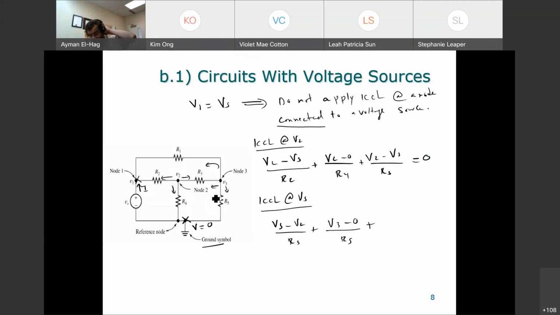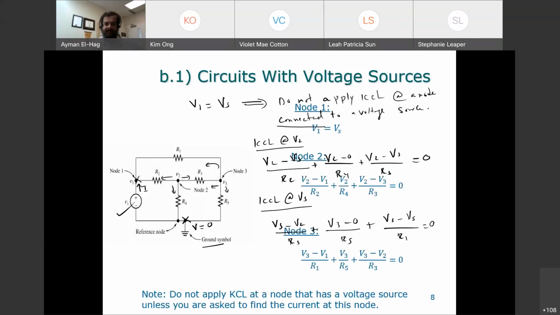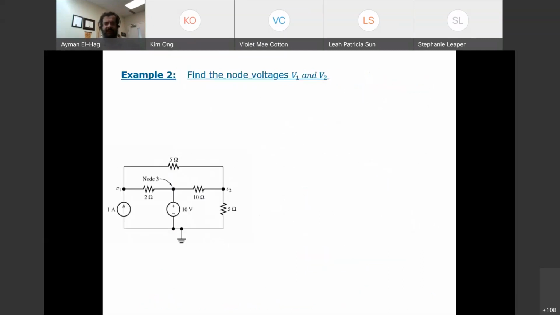They look just around here and they overlook there is a current that goes all the way from V3 to Vs. So this is plus V3 minus Vs divided by R1 equal to 0. So two equations, two unknowns, because Vs we already know. And we will solve this. So here I put clearly, do not apply KCL at a node that has a voltage source, unless you are asked to find the current at this node, and I will come to this later on.